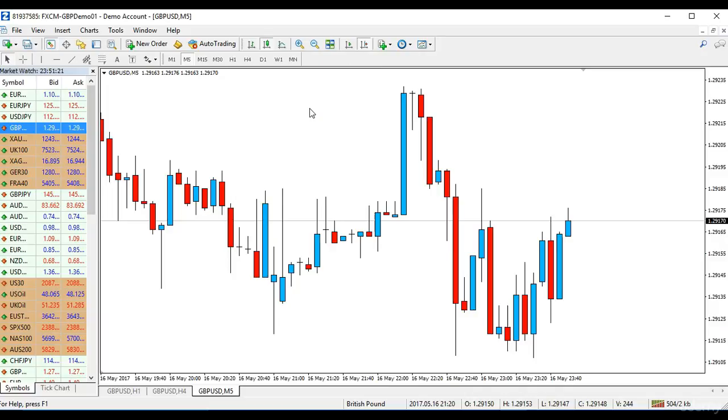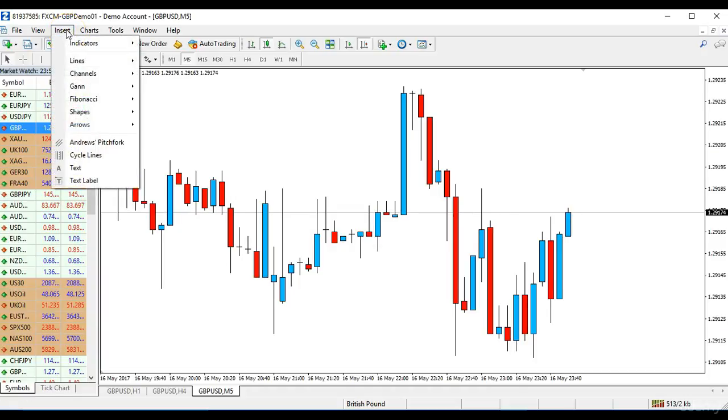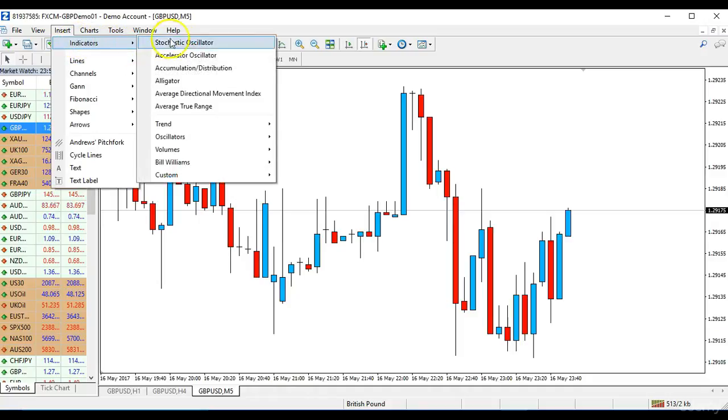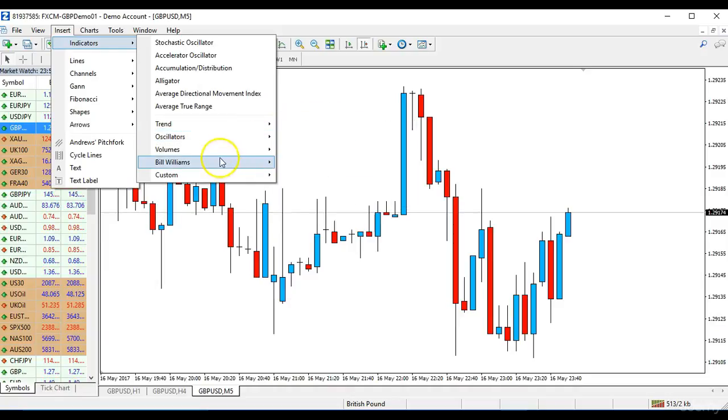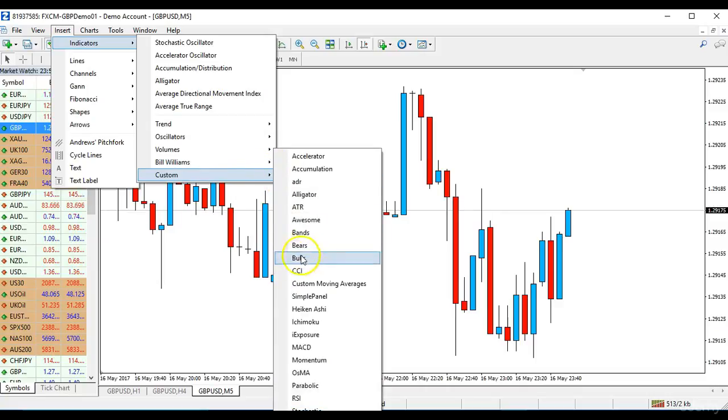I'm going to show you what indicators are, but then I'm going to tell you to forget them. When I first started off trading, I spent maybe a year playing around with indicators. If you click insert, you'll see it says indicators, and it will give you stochastic, everything: trend indicators, oscillator indicators, volume indicators, other indicators, and custom indicators.